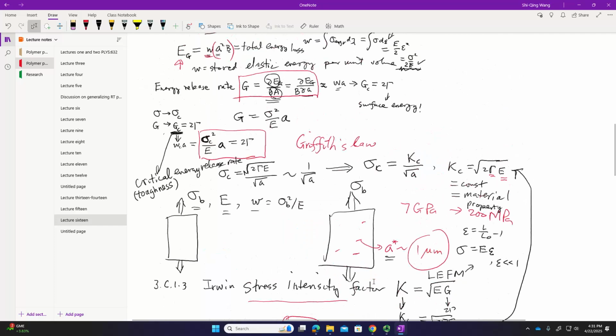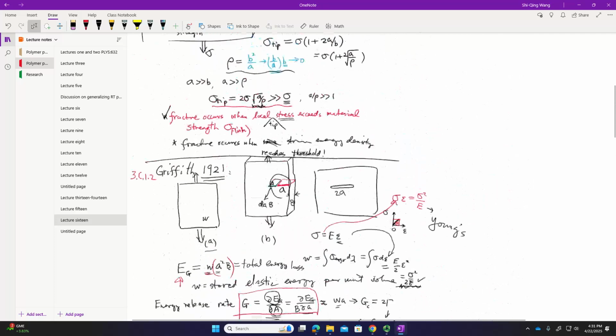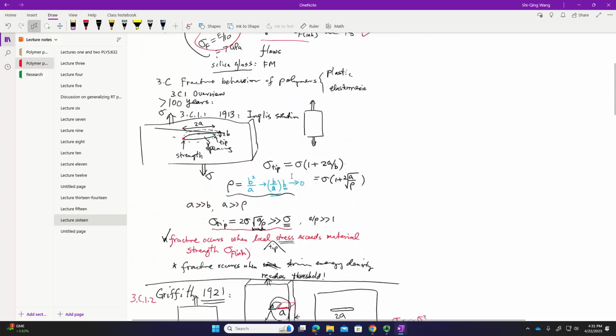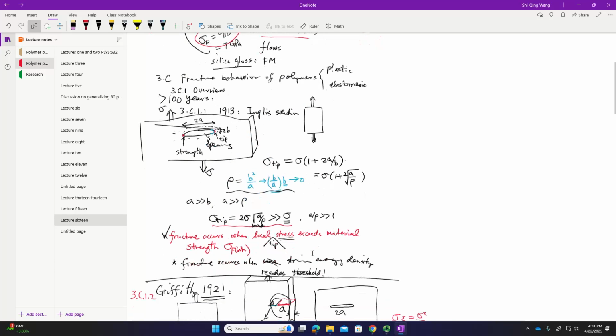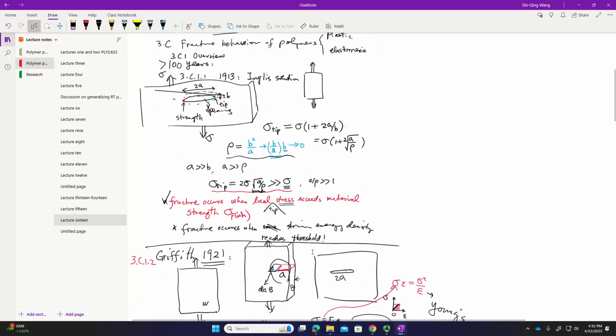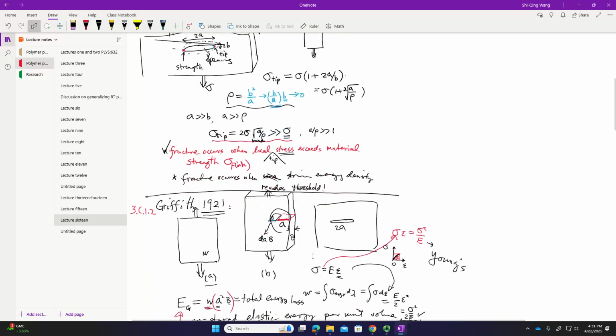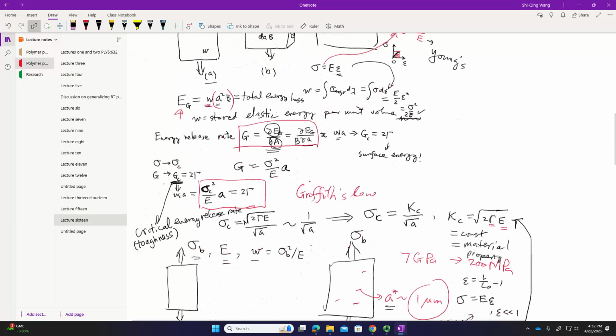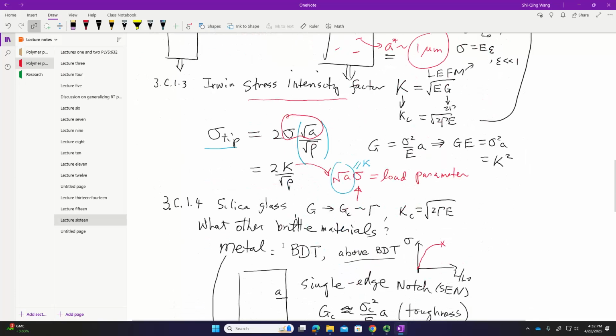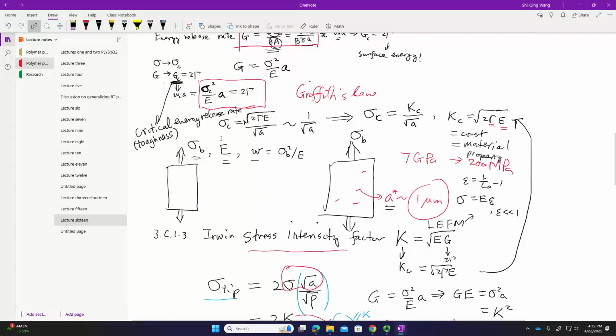If Griffith was happy with the English result, and did not make this effort to make this energy argument to understand what fracture mechanics is, assuming nobody ever worked on fracture mechanics since Griffith, then we would never have discovered the concept of this critical energy release rate, yeah?